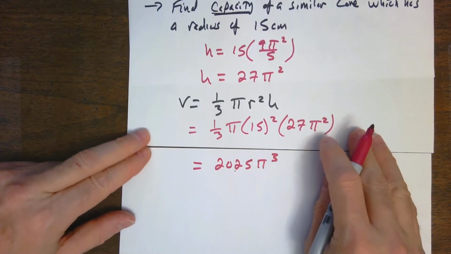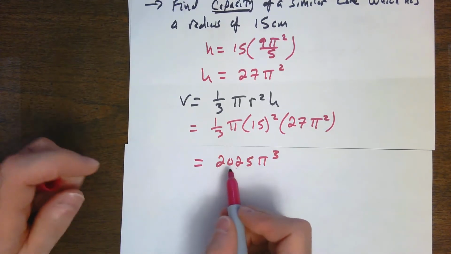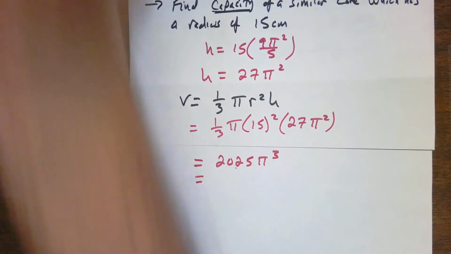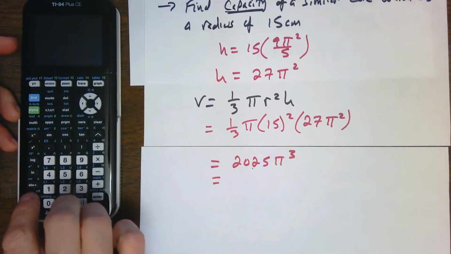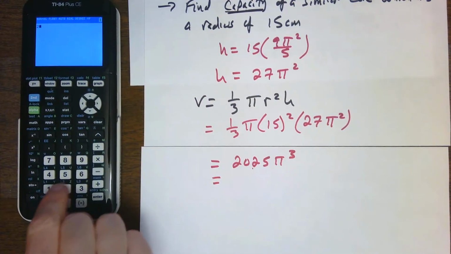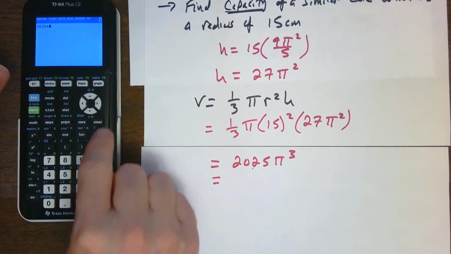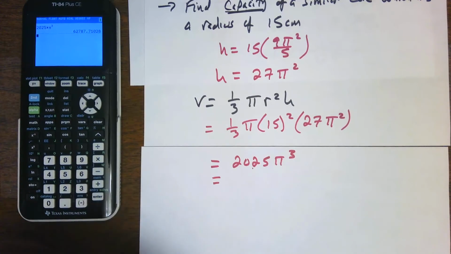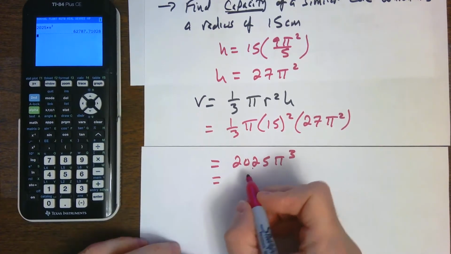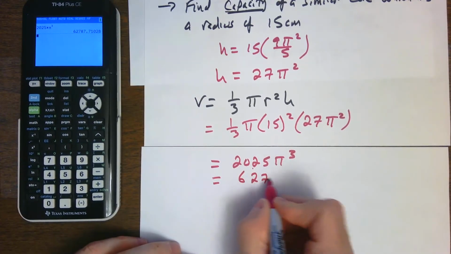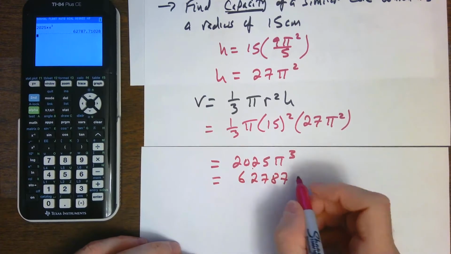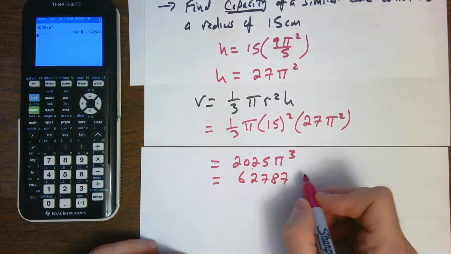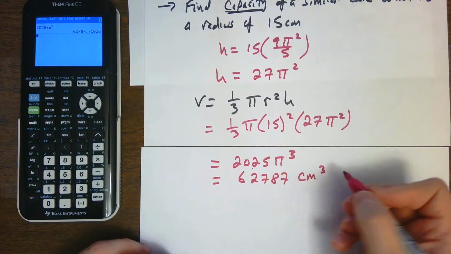Now I need to convert this back. So if I write this out as a decimal, oh, I can't do that in my head. That one I definitely can't do in my head. All right, so let's see. Calculator, where are you? 2,025 times pi cubed. I'm getting 62,787, and that's cubic centimeters.